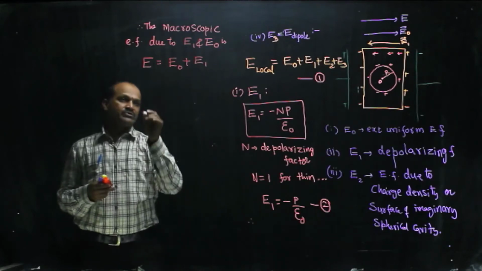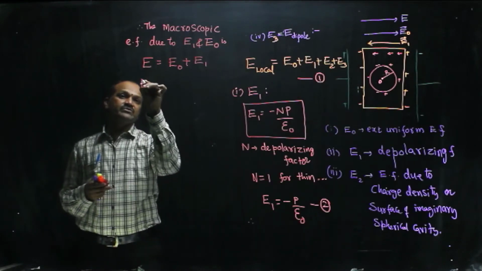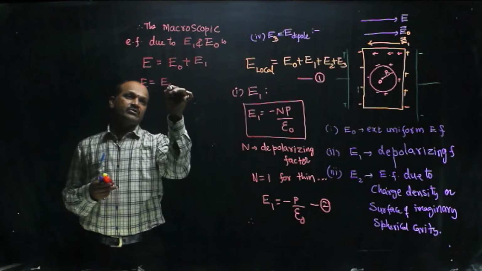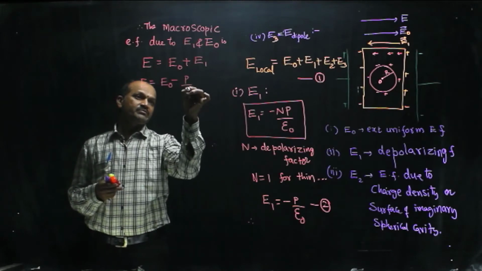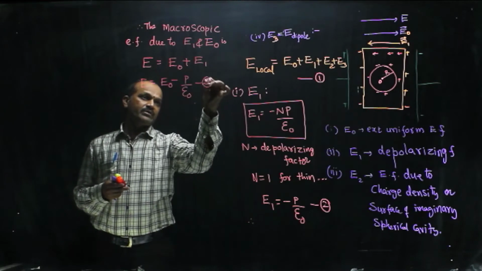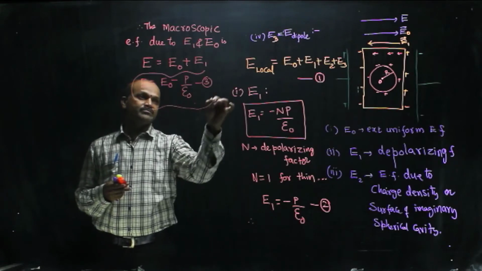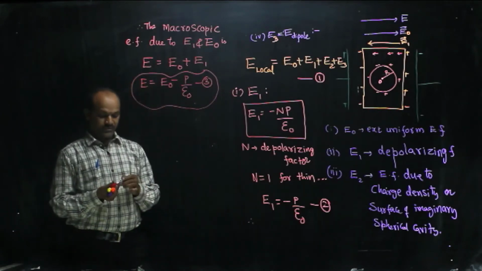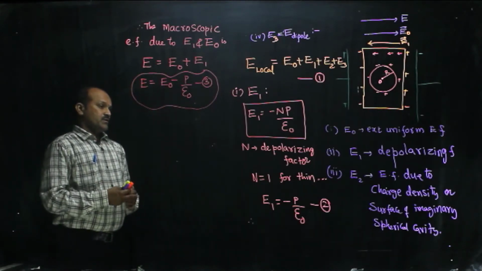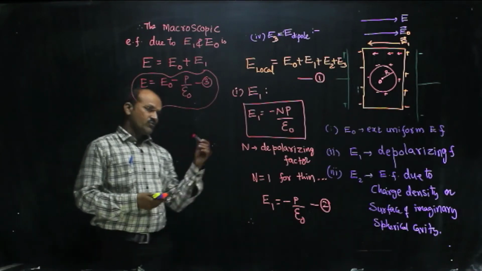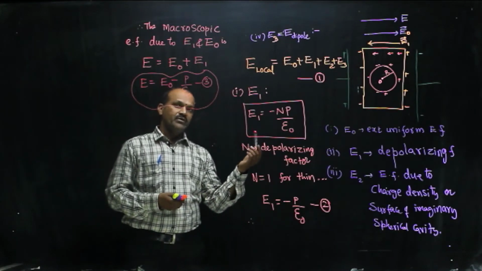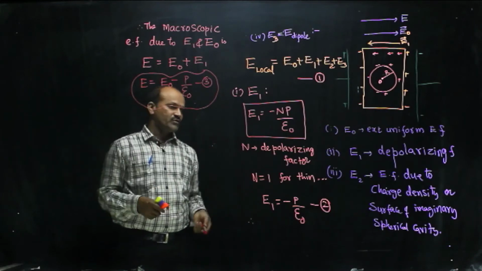If you substitute this value, then E becomes E0 minus P by epsilon naught, equation 3, remember it. Clear? Now we got E0, and of course from the E0 and E1 combination we got E.